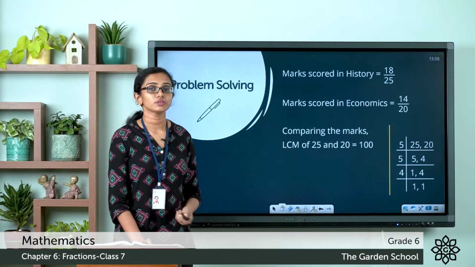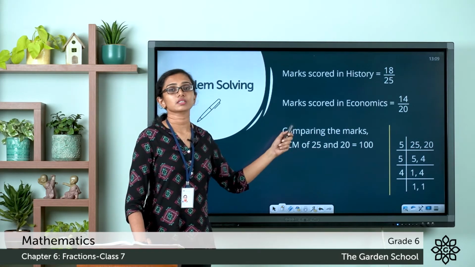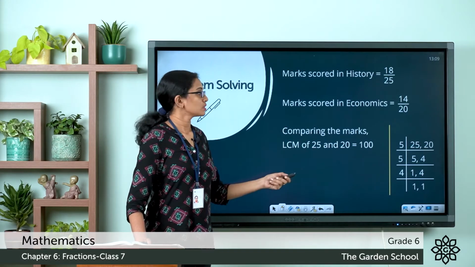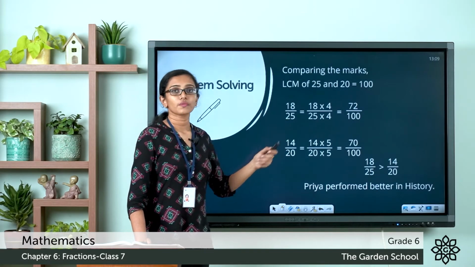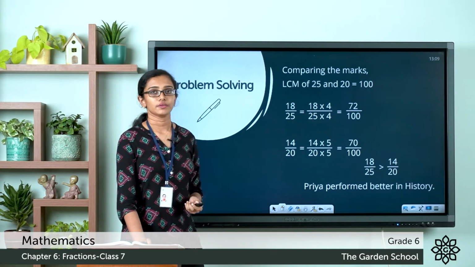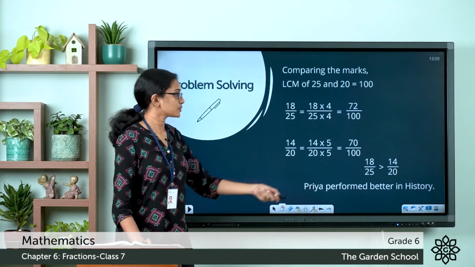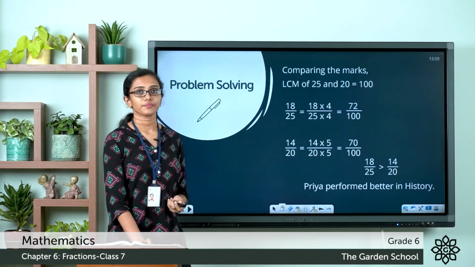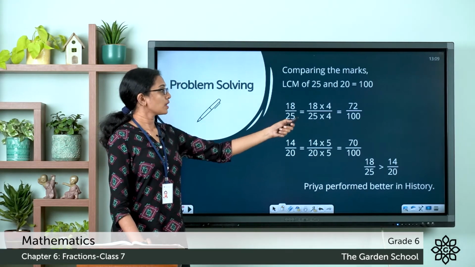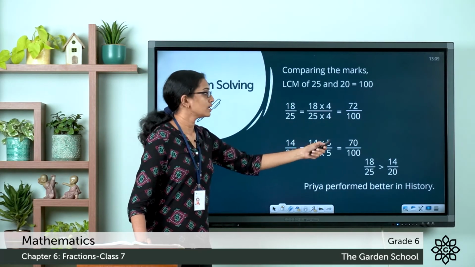So now we are going to compare the marks, assuming the total marks is out of 100. 18 out of 25 is equal to 72 out of 100, and 14 out of 20 is equal to 70 out of 100. So here we have converted the two given unlike fractions into like fractions.